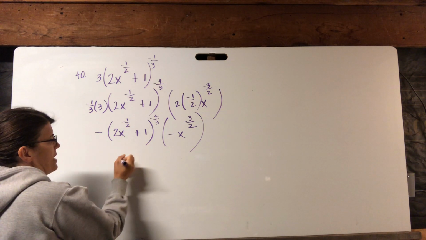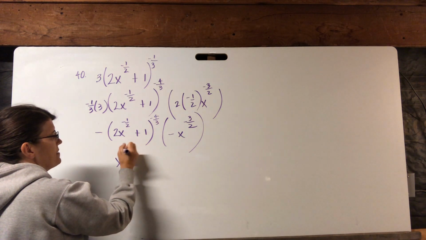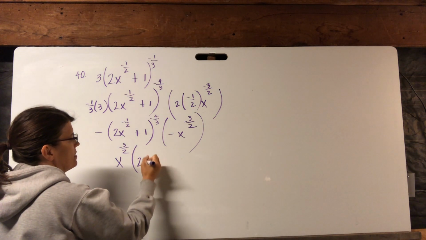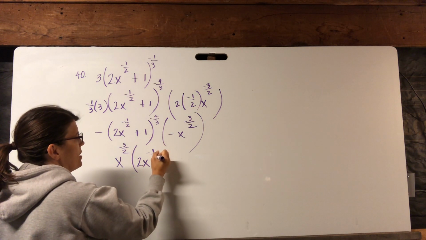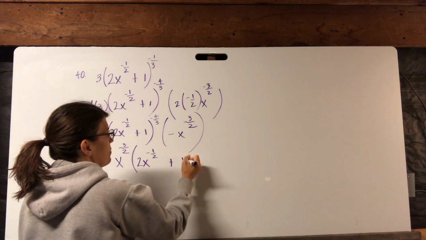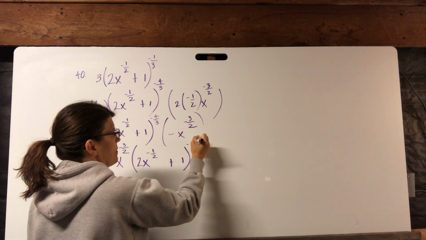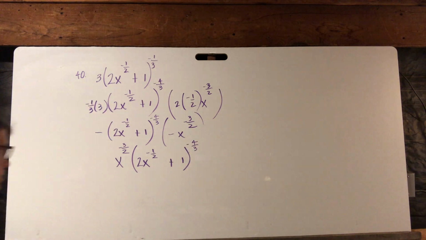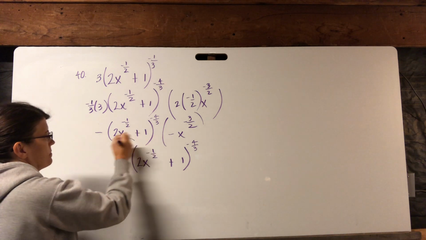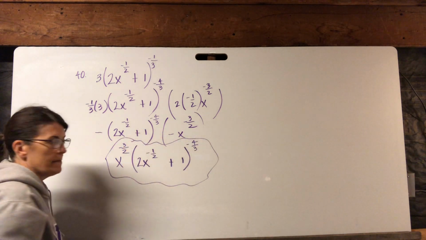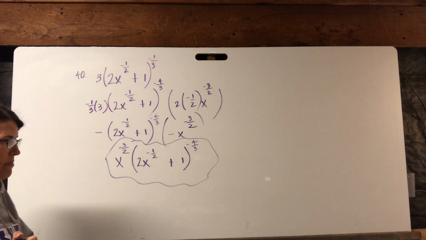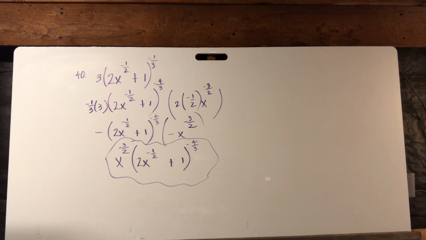So this becomes x to the negative 3/2 times 2x to the negative 1/2 plus 1 to the negative 4/3. There you go. That's all we're going to do. Don't be simplifying that or trying to do anything fancy. That is section 4.2.